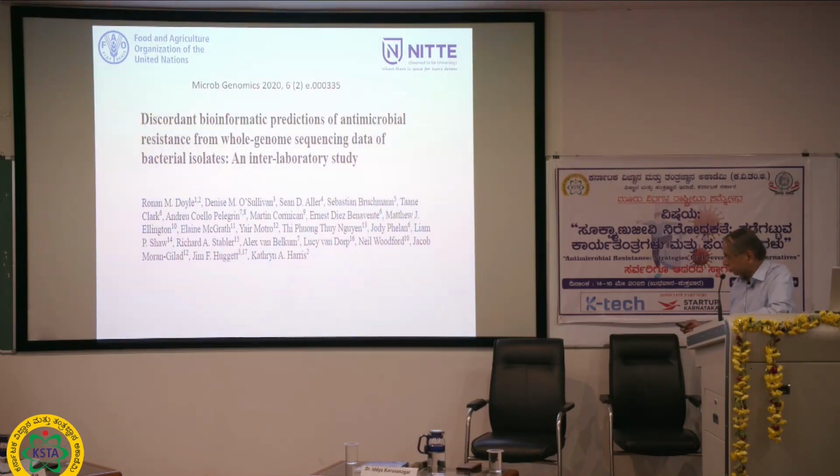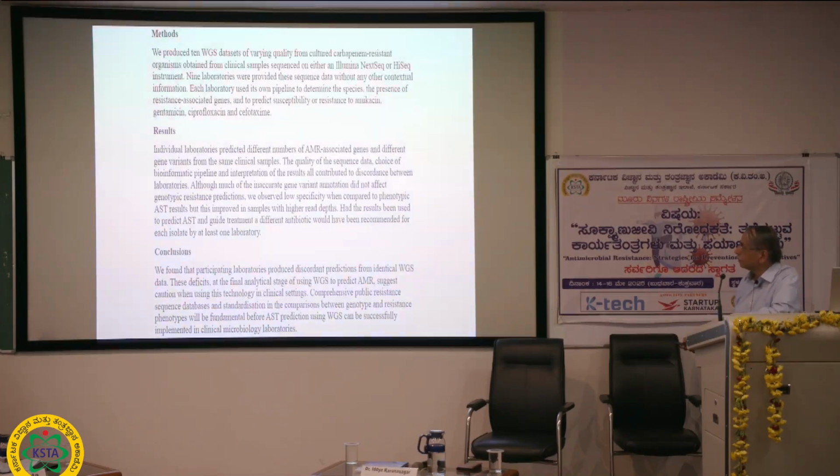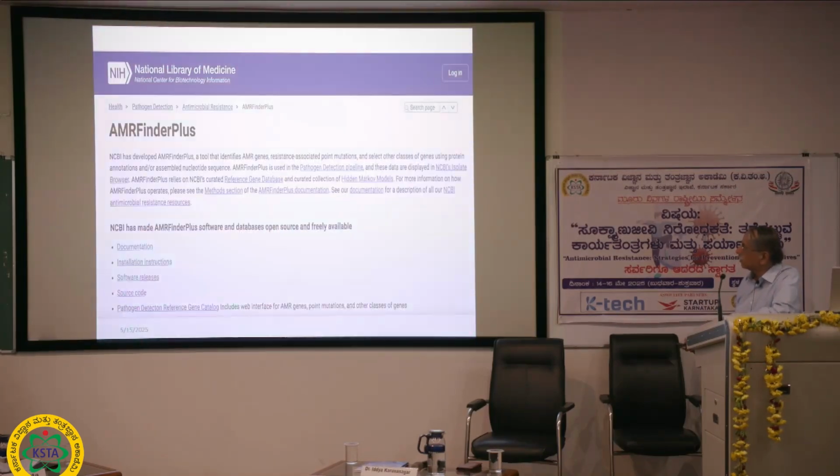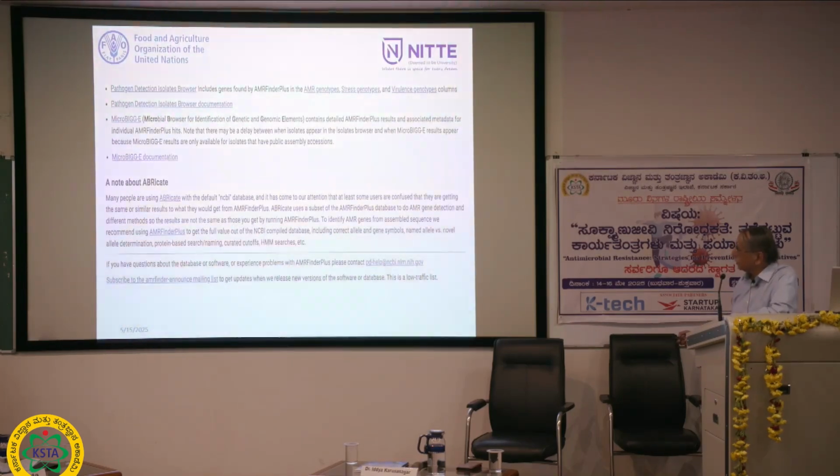AMRFinderPlus was developed, but even with AMRFinderPlus and the platform they use, there can be differences. There is another platform like Abricate, but here too there can be differences between the outputs you get based on the tools you have used.